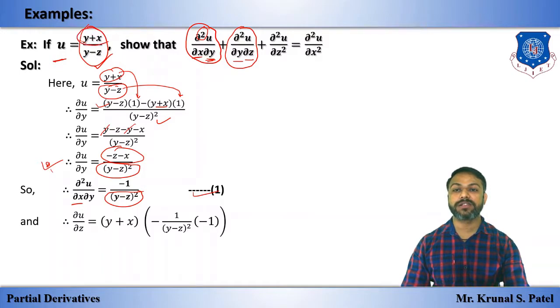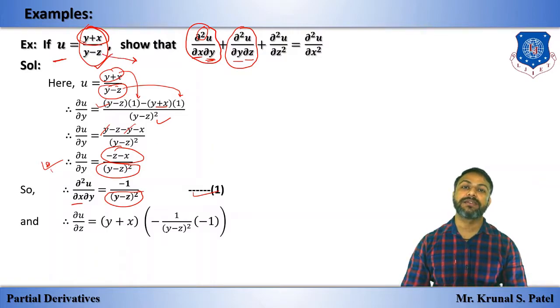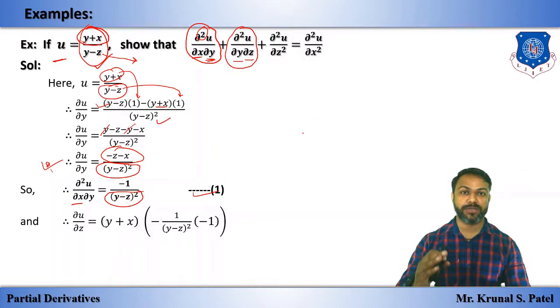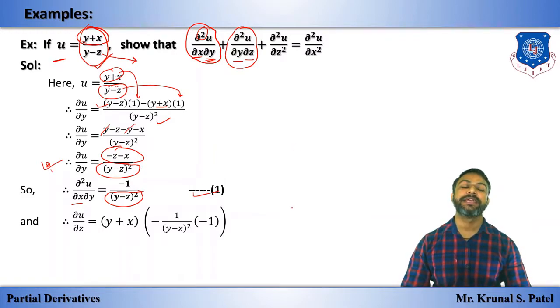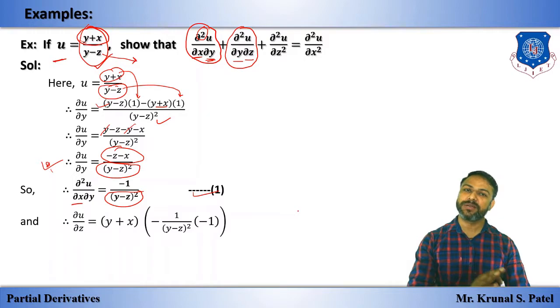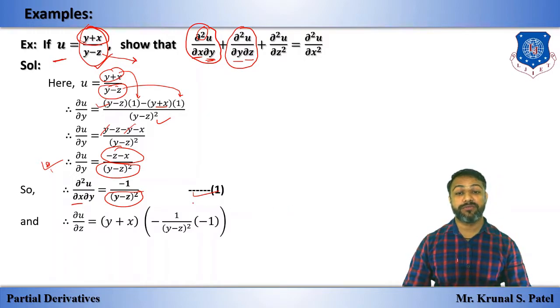In the numerator there is no z, only in the denominator, and I told you whenever your variable is only in the denominator you can apply the one upon something rule. That means the differentiation of 1 upon something is minus 1 upon something whole square into the differentiation of something. So we applied that formula.